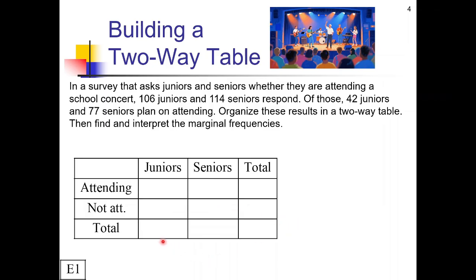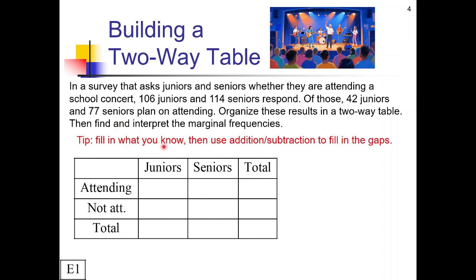We also have a row and a column for the totals, just like we saw on that last intro slide. You're going to be filling this in in a moment. Just as a tip, you might have noticed that there are some boxes that the information they gave us doesn't quite cover. My advice would be to fill in what you know based on what they gave you in the problem, and then use addition and subtraction to fill in the gaps.